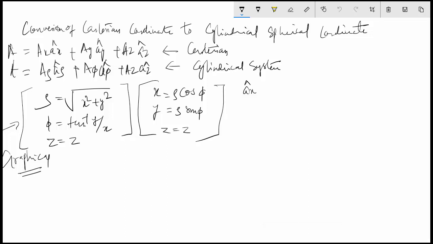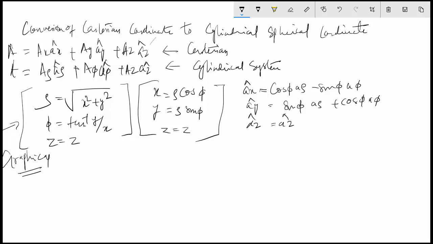Now based on what we have derived, graphically it is possible to show that Ax is equal to cos phi A rho minus sin phi A phi, and Ay was equal to sin phi A rho plus cos phi A phi, and Az equal to Az. So these are the three equations which we found graphically.